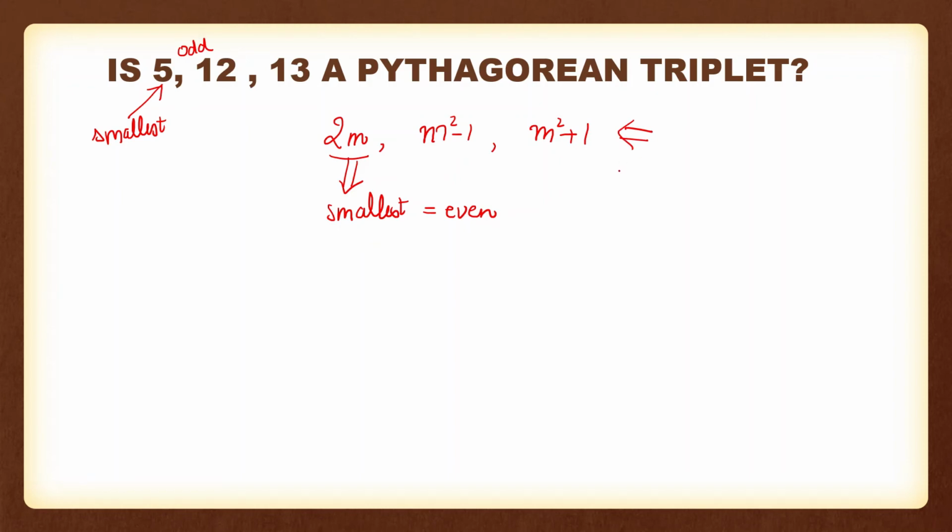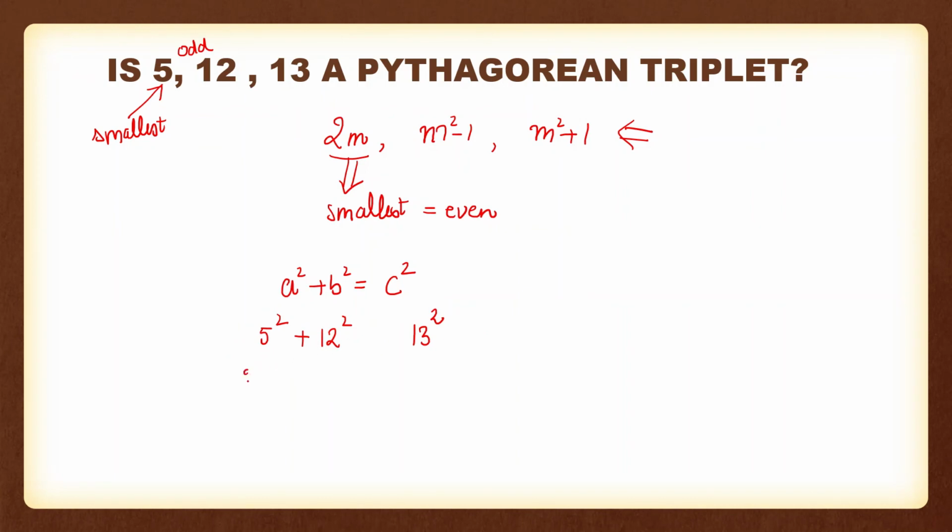But how to check whether these numbers are Pythagorean triplet or not? So what we will do here, we will apply Pythagoras theorem, which says a square plus b square is equal to c square, where c is the largest number. In this, 13 is the largest one. For a square you can take 5 or 12, it's up to you. 5 square plus 12 square.